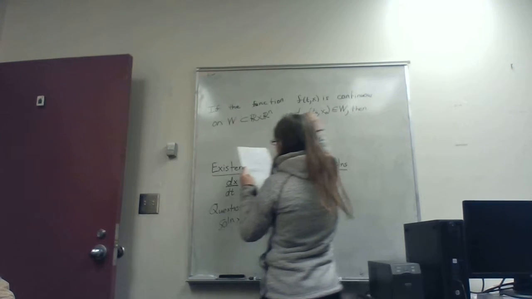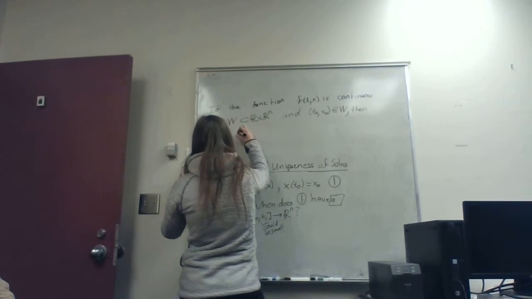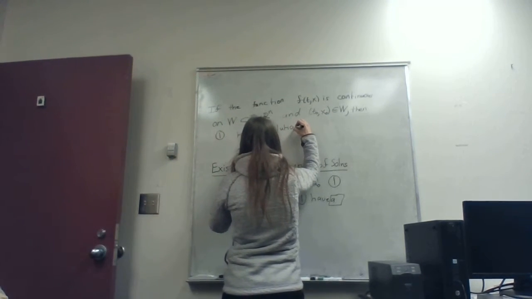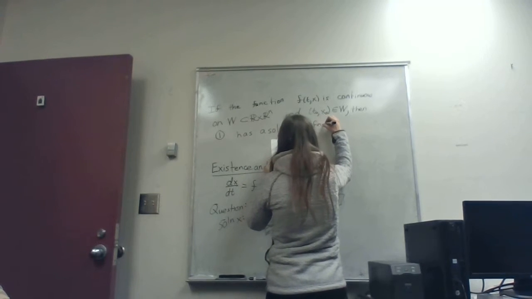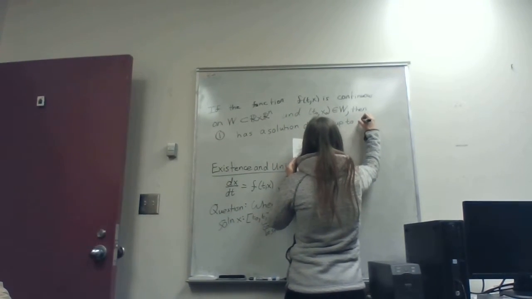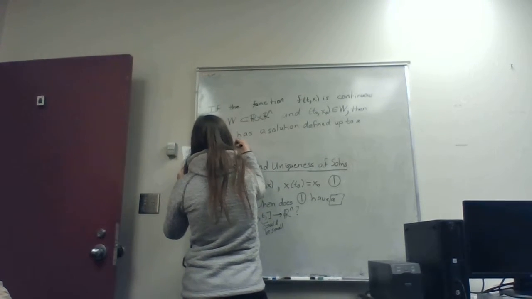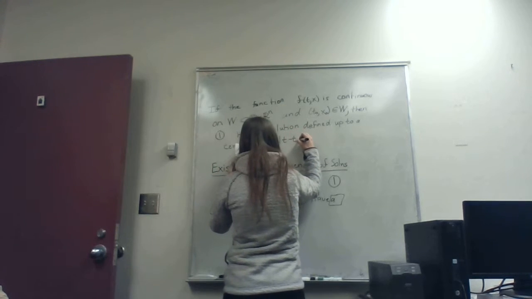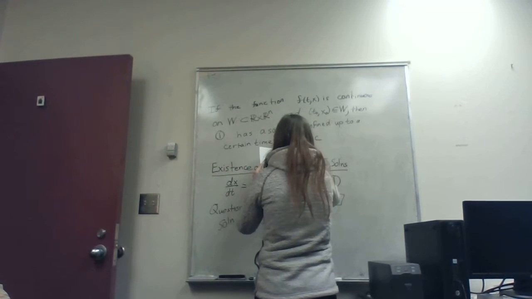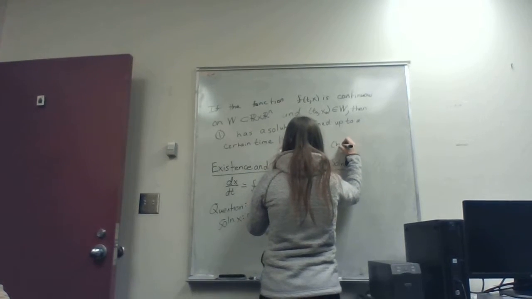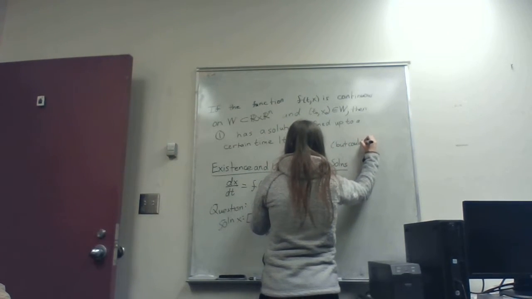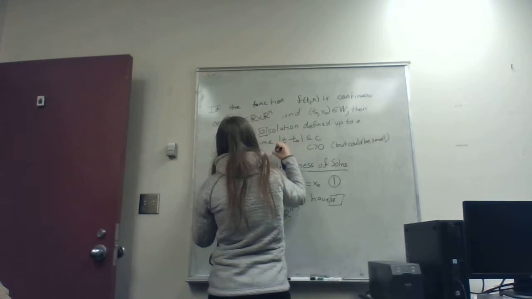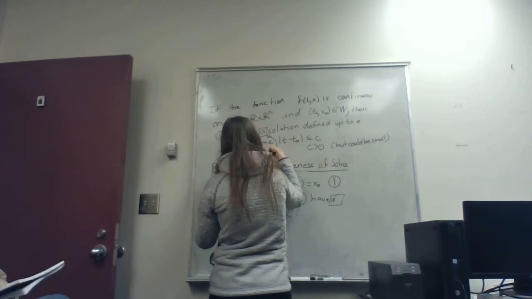Then equation 1 has a solution defined up to a certain time, |t - t0| less than or equal to c. So c is greater than 0, but it could be small. And this is a solution, so the point here is that it is not necessarily unique.